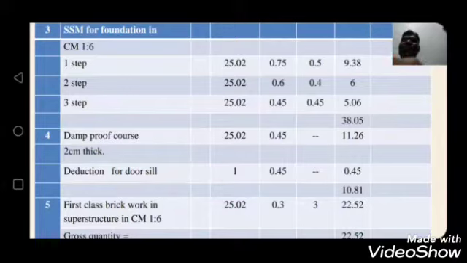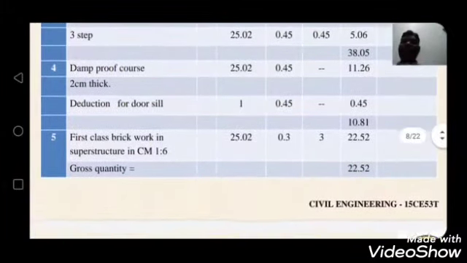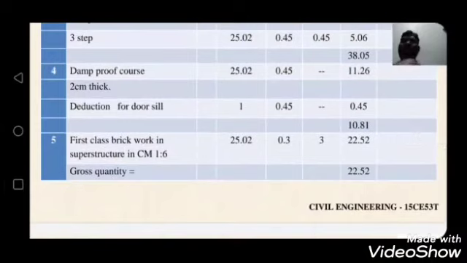Total quantity is 38.05. Damp proof course: 25.02 into 0.45, in square meter, 11.26. Deduction for door sill: 1 into 1 into 0.45, 0.45. 11.26 minus 0.45 is around 10.8.